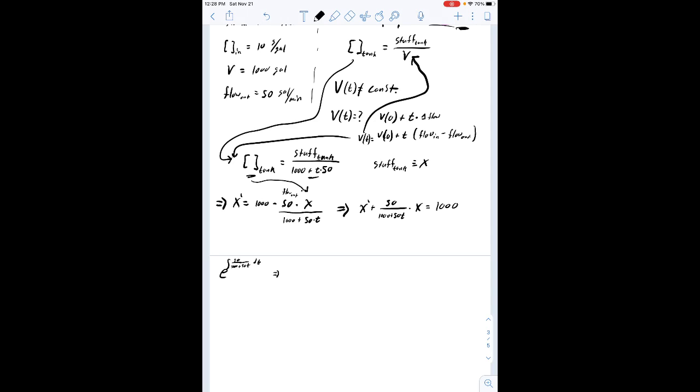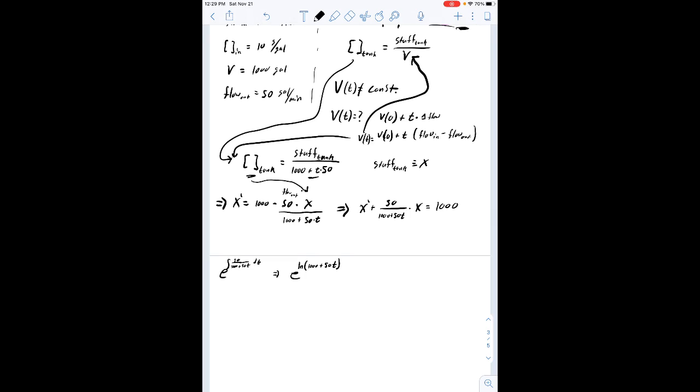So what is this integral equal to? It is going to be equal to a logarithm, right? And then we see that this 50 and this 50 would cancel out if we made a u sub. So we get e to the natural log of 1000 plus 50t.